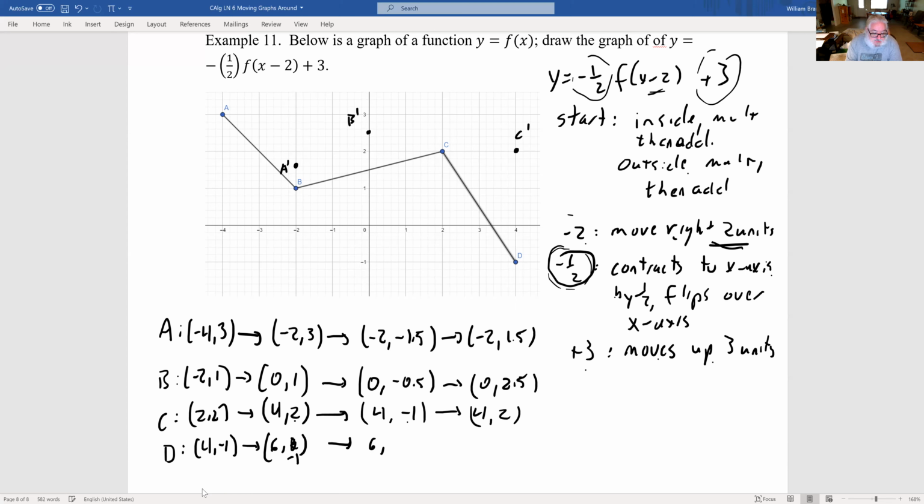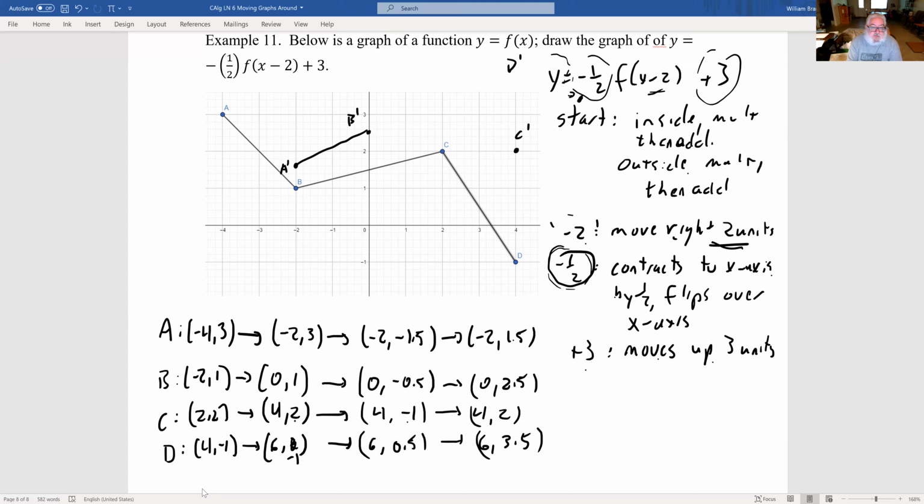Makes that 6, and then minus 1/2 times minus 1 is 0.5. And then we add 3. So 6 would be, say, out here, and then 3.5 would be way up here. So D prime is up there.